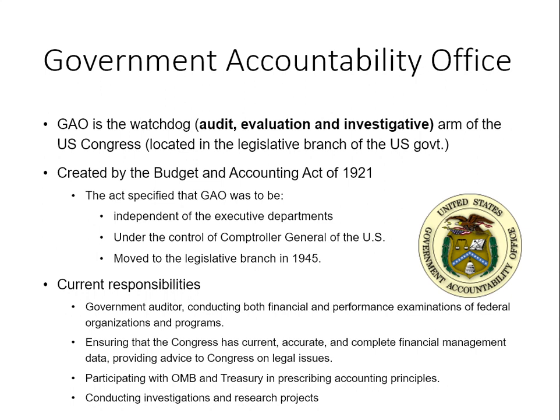Well, the GAO was created by the Budget and Accounting Act of 1921. The act specified that the GAO was to be independent of the executive department and under the control of the Comptroller General of the U.S. So when it was established, it was under the executive branch. The GAO was moved to the legislative branch in 1945.